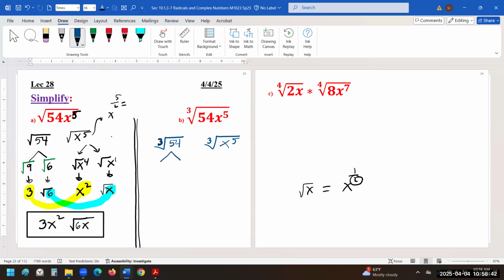We want to see the same number 3 times. So when you say 54, which 2 numbers come to your mind? 9 and 6. But you don't see the cube root of any of these, so you break them more. What is 9? 3, 3, and 6? 3, 2.